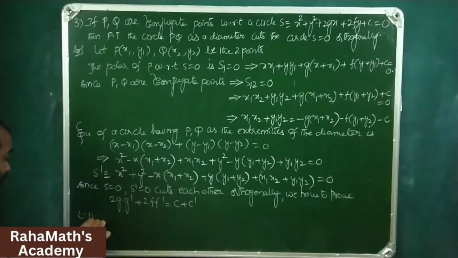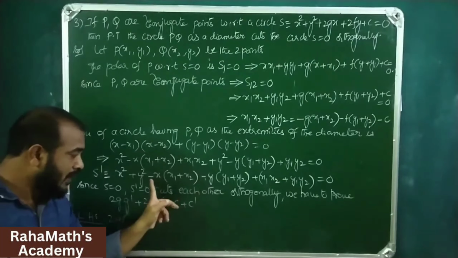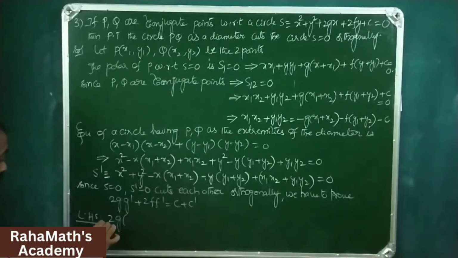In S dash, 2g dash x, so g dash equals minus of (x1 plus x2) by 2. Then 2ff dash: comparing with x squared plus y squared plus 2g dash x plus 2f dash y plus c dash, f dash is minus of (y1 plus y2) by 2.